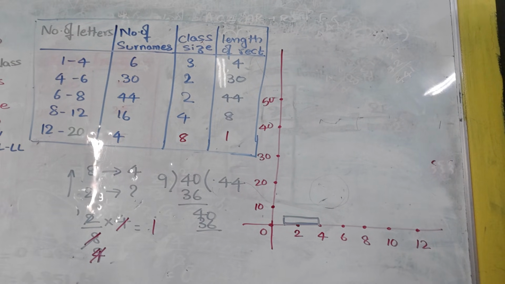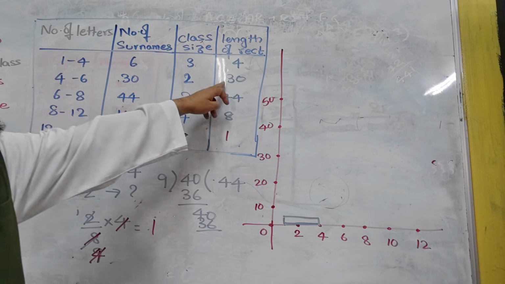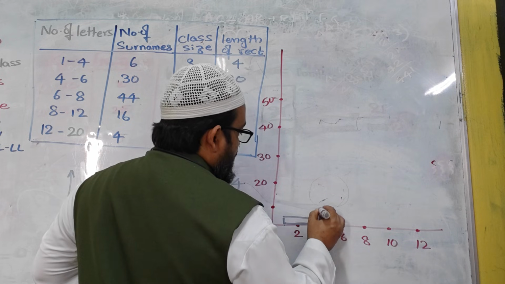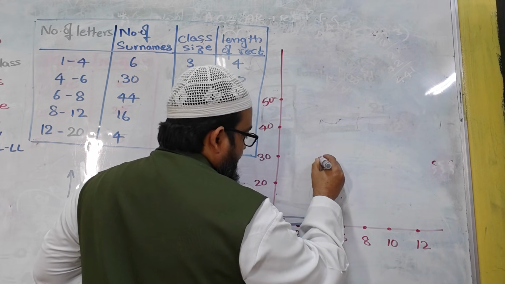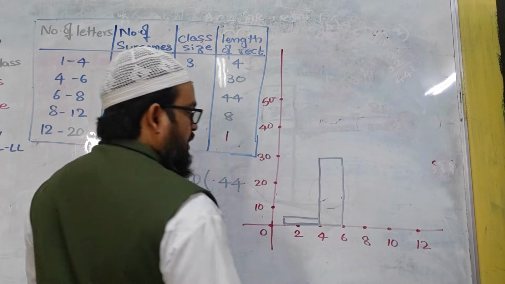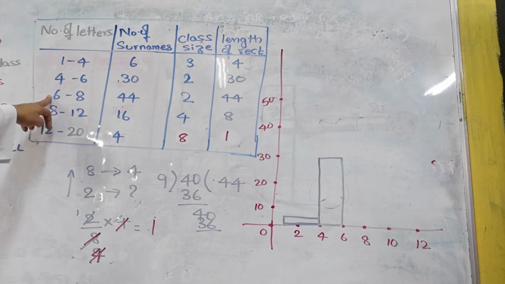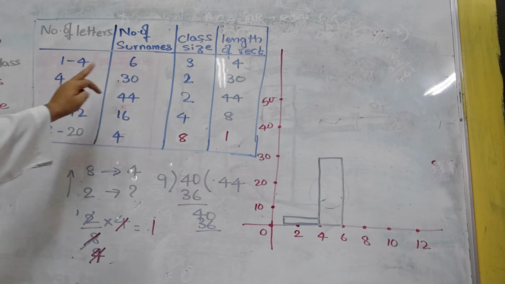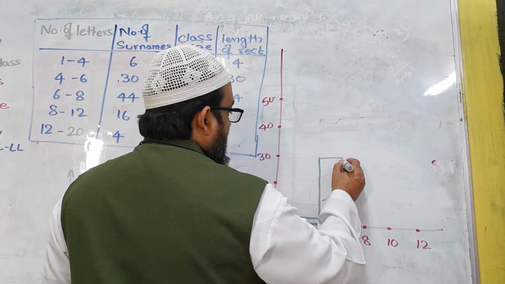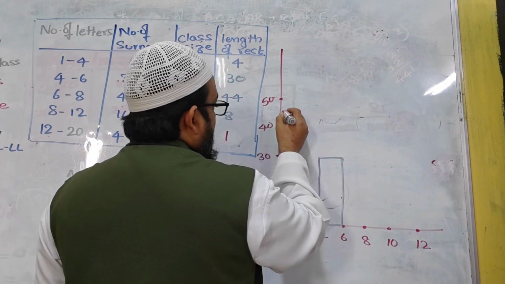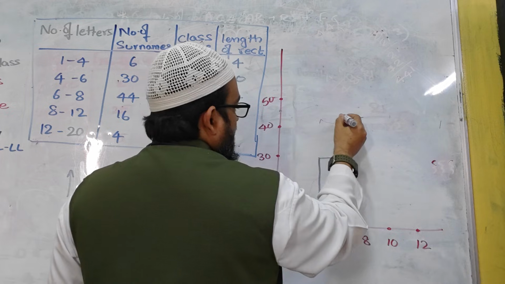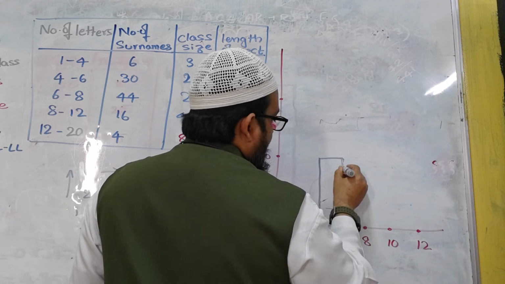Now what is the next one? 4 to 6. It is 30. And where is 30, my dear students? It is somewhere over here. Now 6 to 8. What is the length of the rectangle? 44. Where is 40? This is 40 and this is 45. Let us take the half point as 45, and this is 44, somewhere over here.